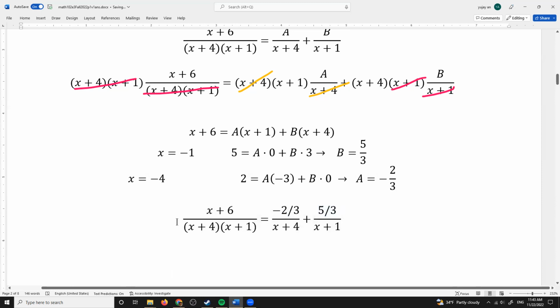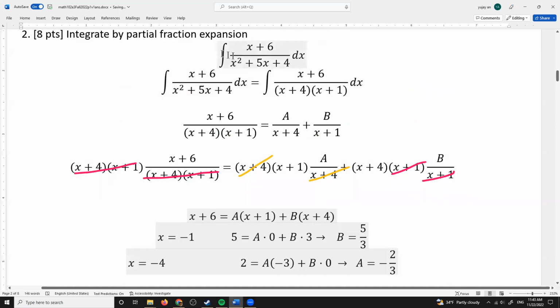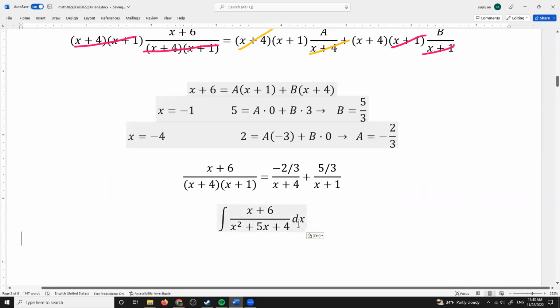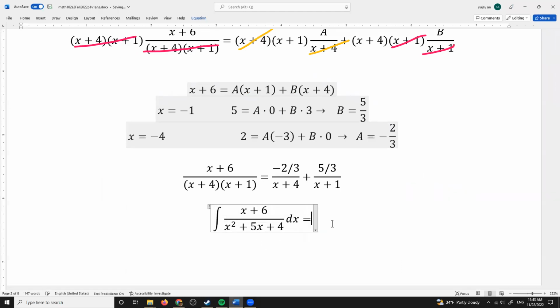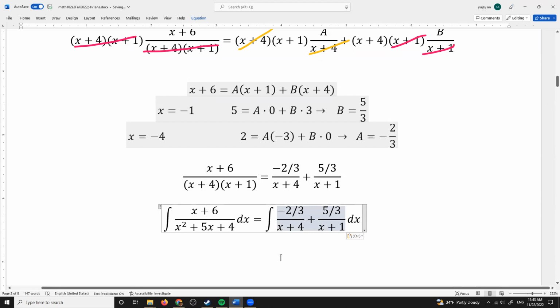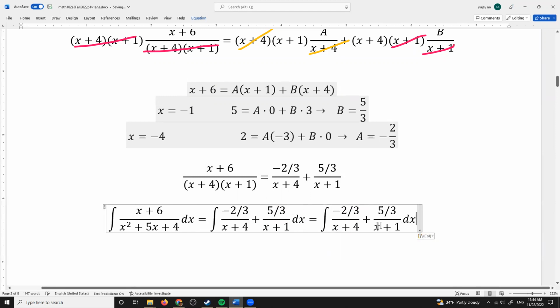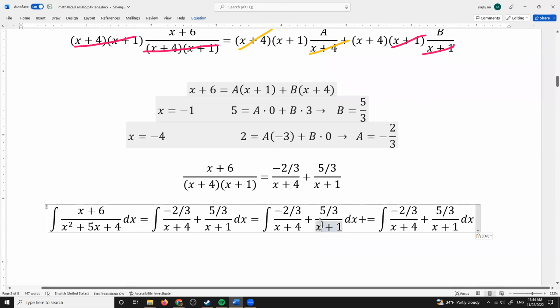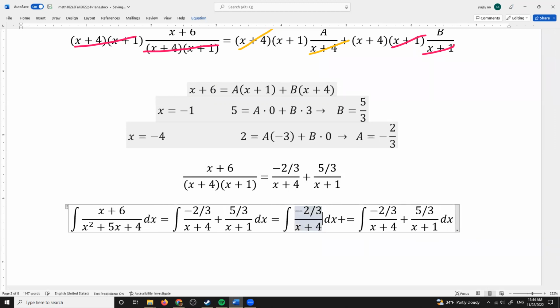Which means that if you have the integral of this, that's the same thing as integrating this. And that's the same thing as this one.